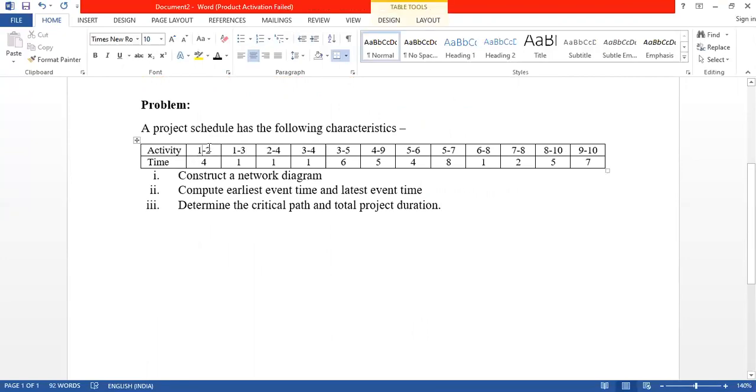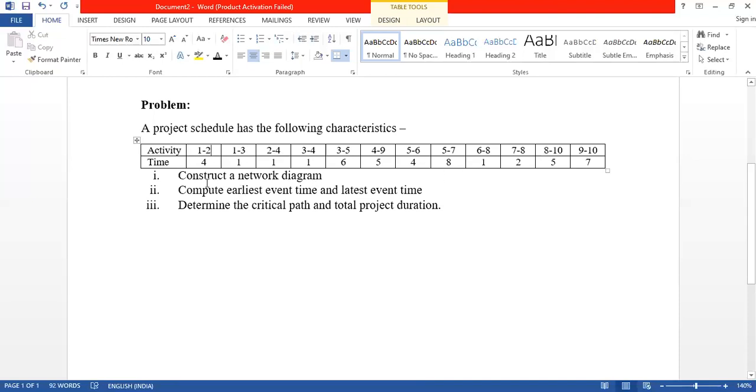One is an event, two is an event, and an activity exists that connects one to two, but they have not given the name of the activity. So we are not required also. And the activity which is connecting event 1 to event 2 is taking 4 hours. Similarly, the activity which is connecting 1 to 3 is taking 1 hour. And likewise, for each activity, the time has been given.